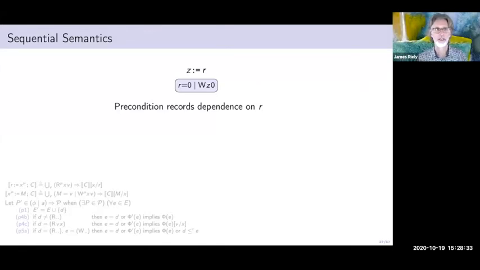So here is a POMSET where I'm writing 0 into Z, and we're preconditioning that on the fact that R is 0. So if I instead write 1, well, then I have to have the precondition that R is 1. If I write 2, it should be 2. All right.